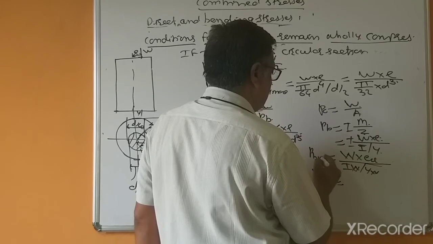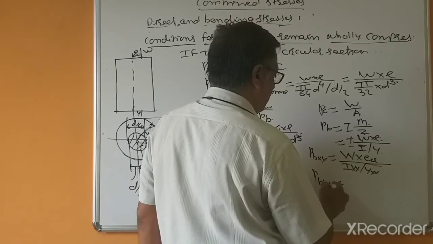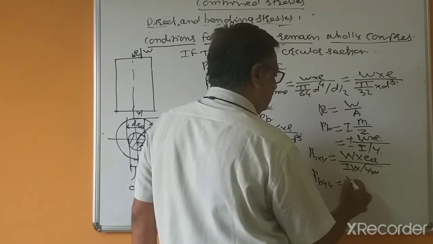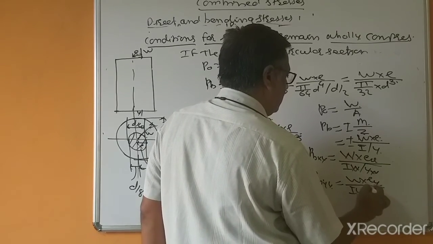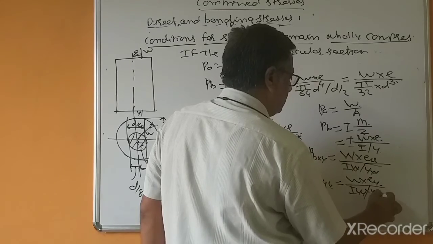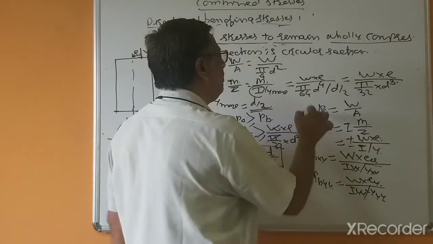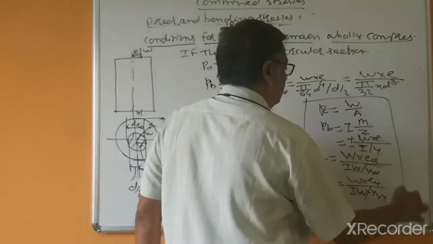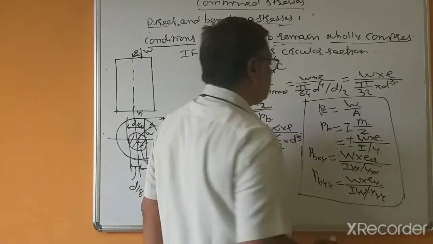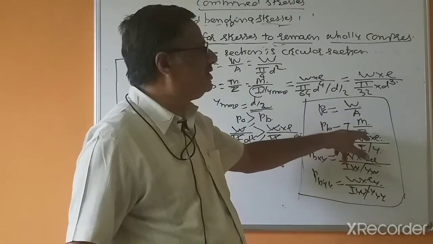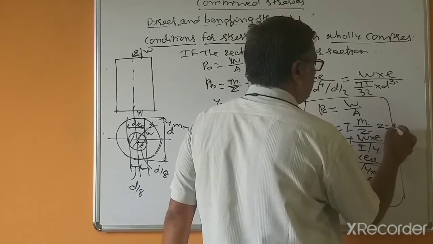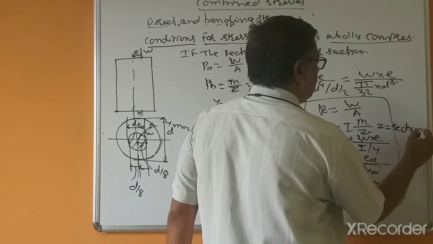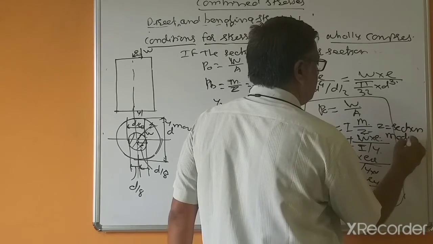So this is XX and this is YY equal to W into EY by IY. Try to remember these three formulas. And Z is the section modulus.